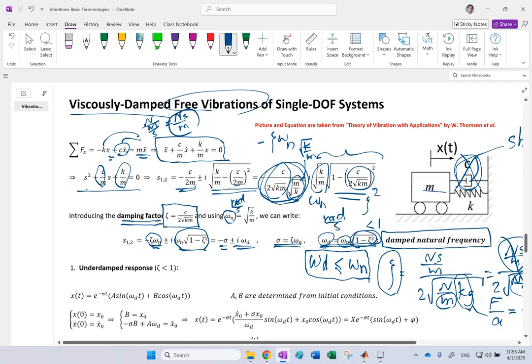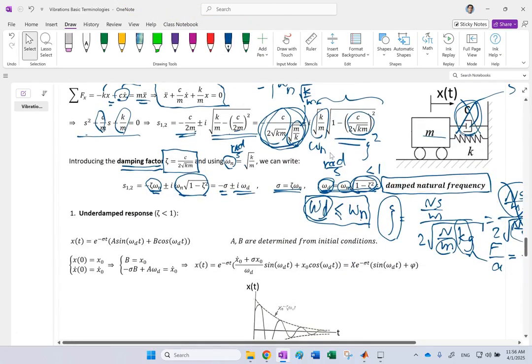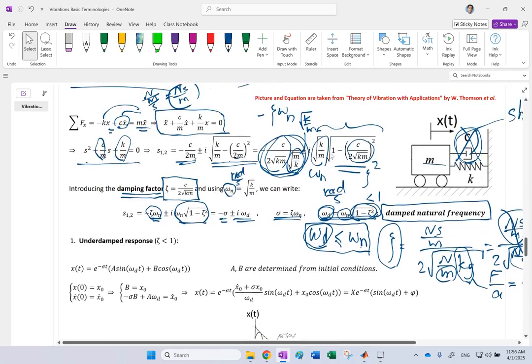So omega n is natural frequency without damping, but if there is damping in the system, the frequency of vibrations is going to be omega d, not omega n. Why? Let's go and take a look. So here we have to now bring in the initial conditions, and we have to look at different kinds of response that we get out of the system.